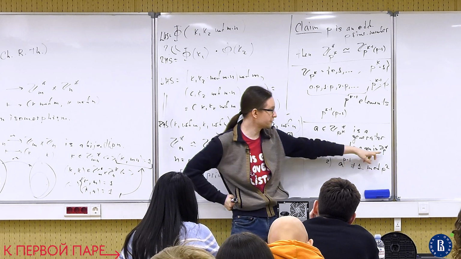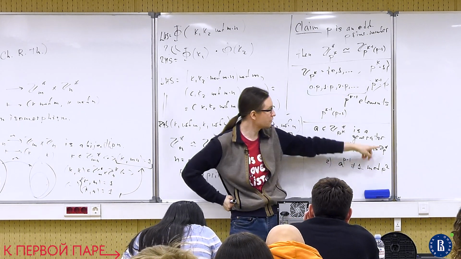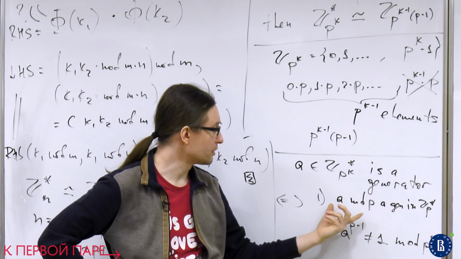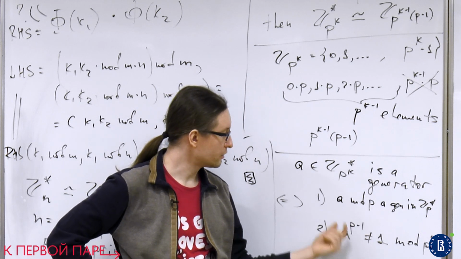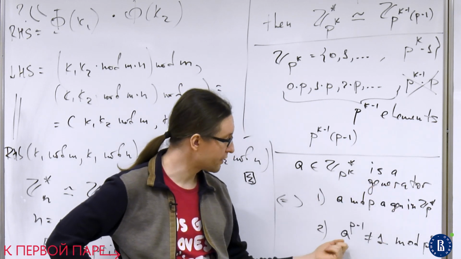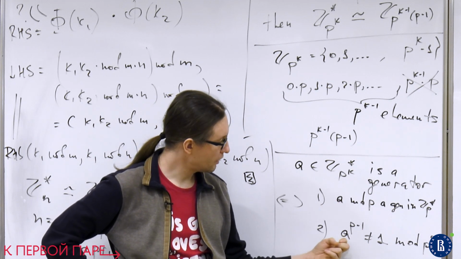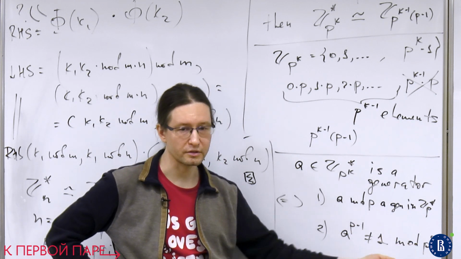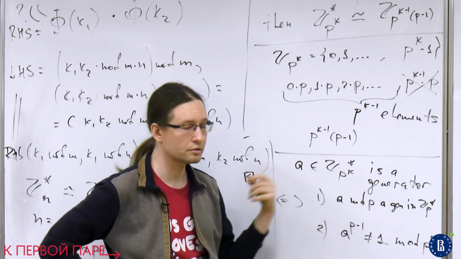This group is much smaller than the initial one because there are only p minus 1 elements here, so you can brute force it by finding all the generators. Then for each generator, you compute A to the p minus 1, and it must not be 1 modulo p squared. This is the second condition you have to check. So this is how to find a generator for this kind of group.